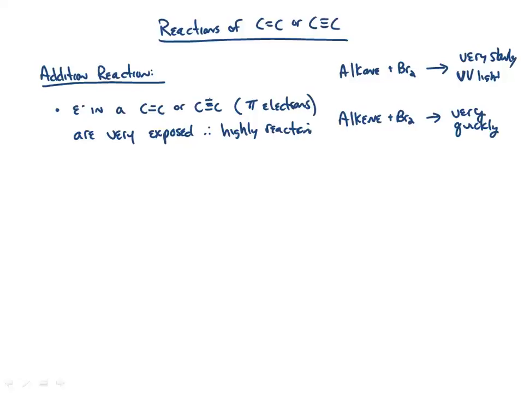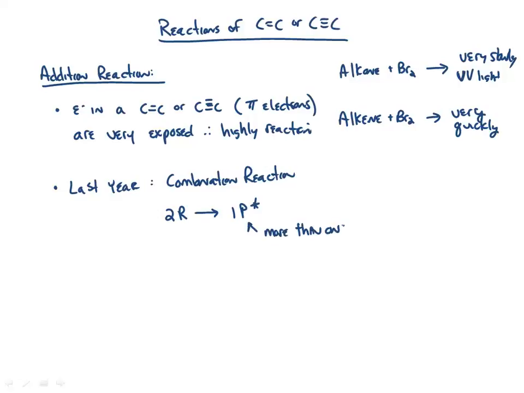So an addition reaction, another name for it from last year, is really what we're looking at is a combination reaction. We're going to be taking two reactants and we're going to make one product. Now I'm going to put a star there because generally there's more than one formed, but one is highly favored.